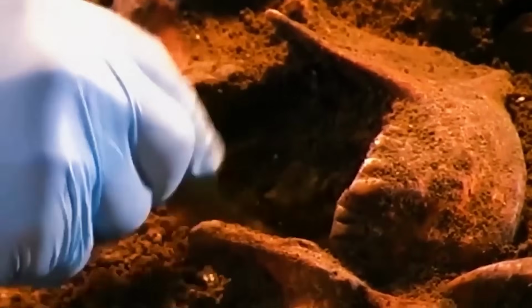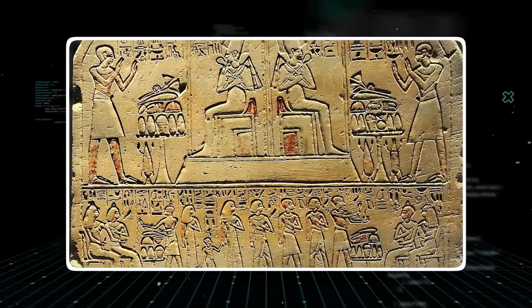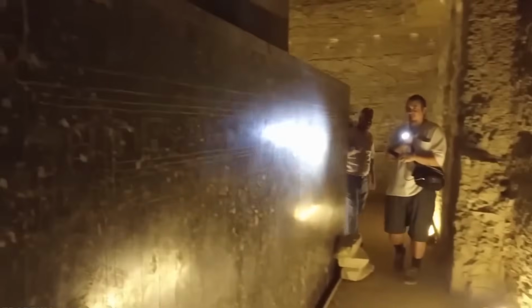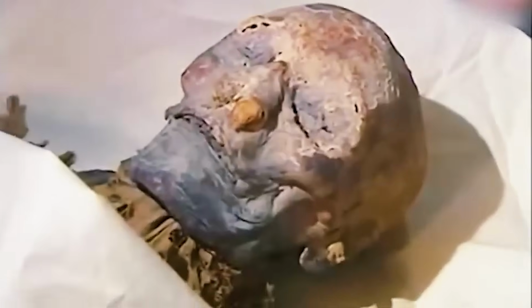Piece by piece, the evidence assembled itself into a family tree that historians had spent 3 millennia trying to reconstruct. For the first time since the fall of the 18th dynasty, the relationships between Egypt's most famous royal mummies could be established through modern genetics rather than ancient royal inscriptions.